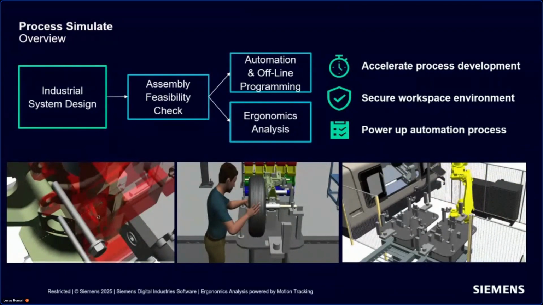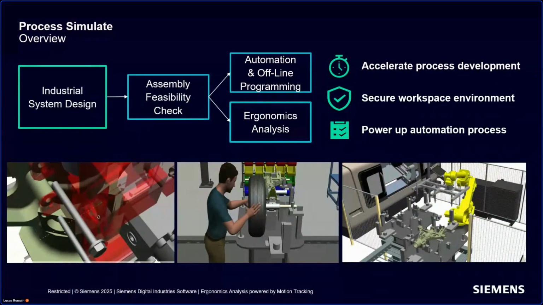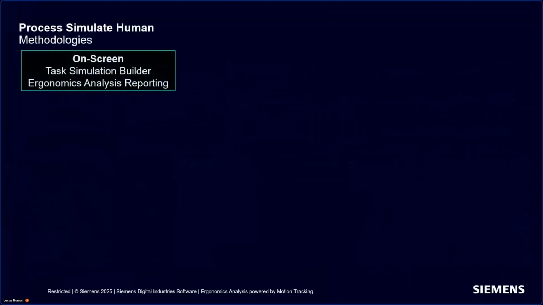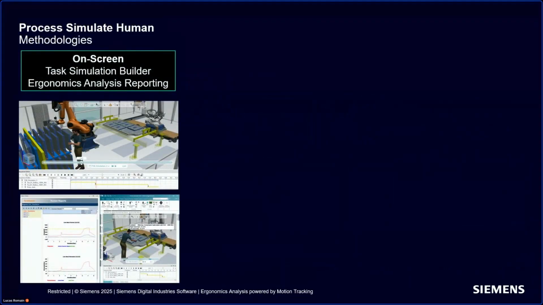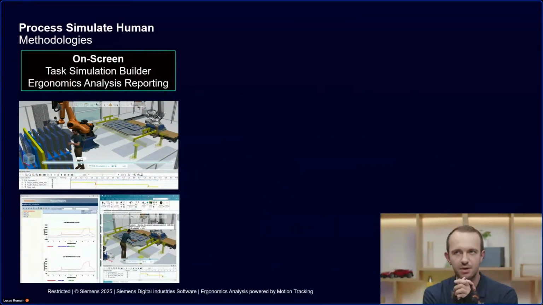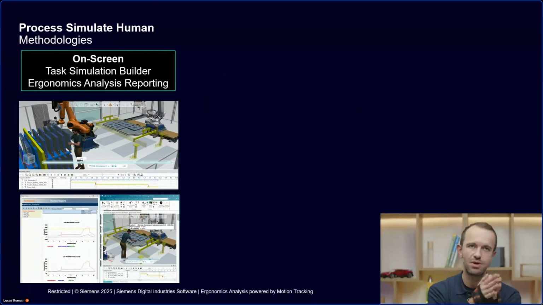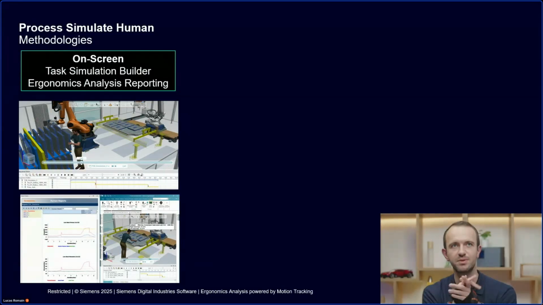And we have also a very strong footprint as we are programming robots or helping people to program robots since a few decades. To continue with Process Simulate Human, let's have a quick look at the methodologies. And we are then going to review this through little demonstrations or videos.